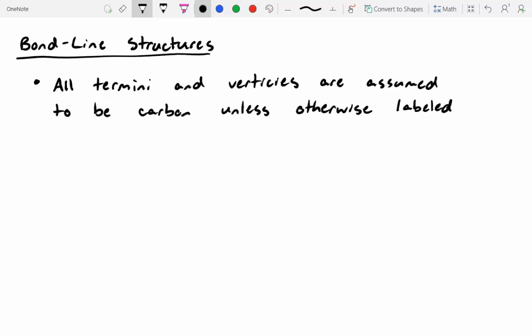The next one is all CH bonds are assumed but not drawn.